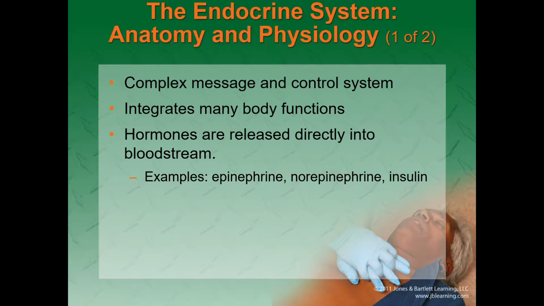So epi and norepi come from those adrenal glands that we were talking about that sit on top of the kidney and perpetuate the fight or flight reaction. Insulin goes directly into the bloodstream. Each endocrine gland ends up producing one or more hormones.